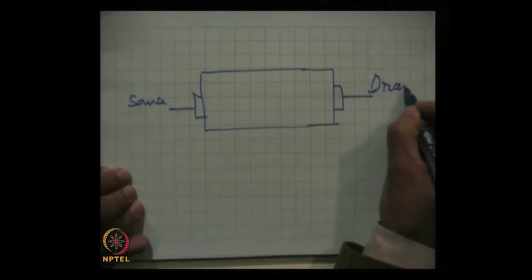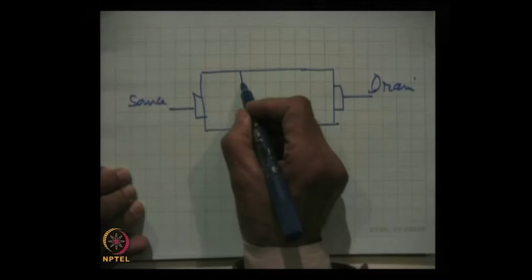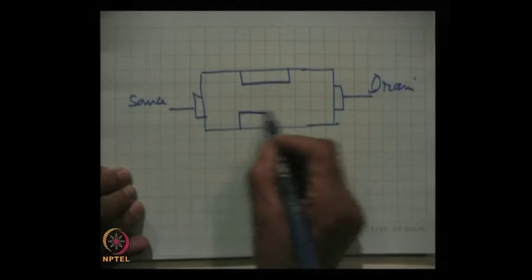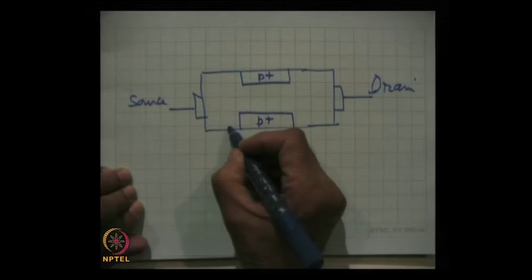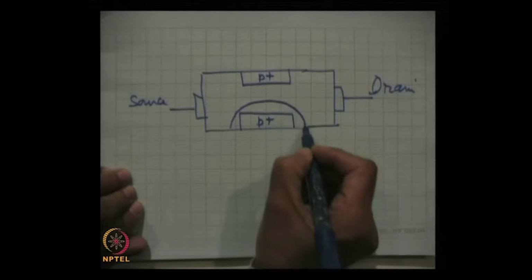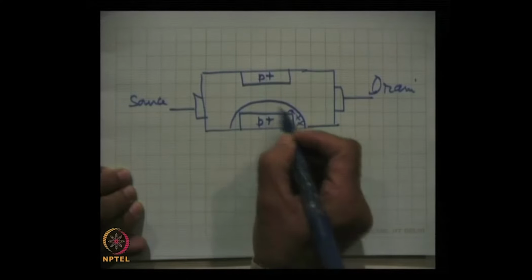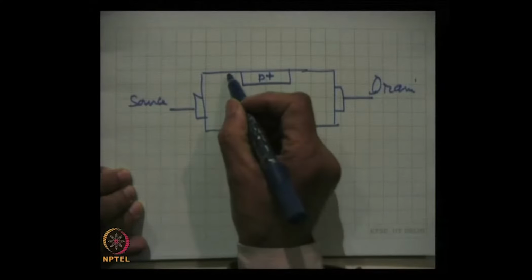This is source, this is gate, drain, these are the p type regions. This is p plus, this is p plus, and here is the depletion. Similarly, a depletion region will be formed here. Here we put an electrode, here we put another electrode.